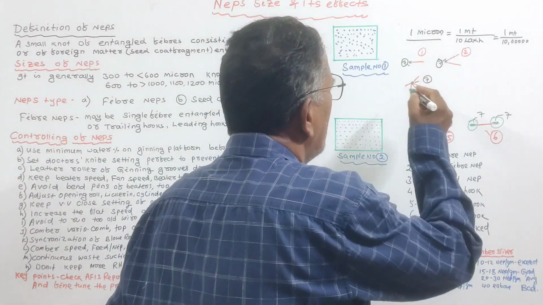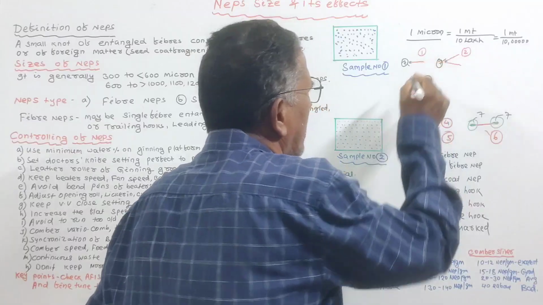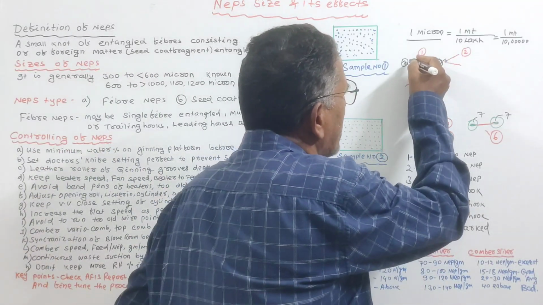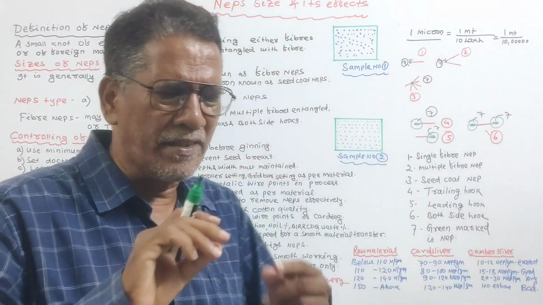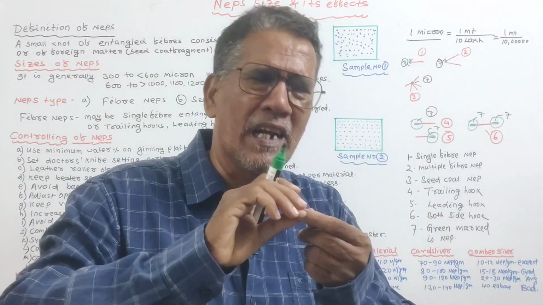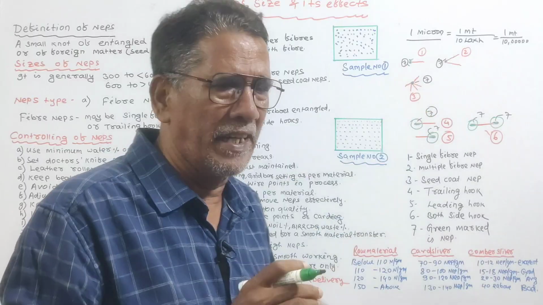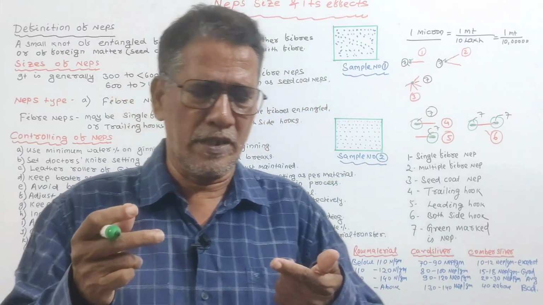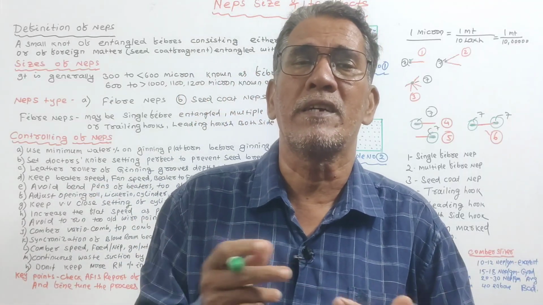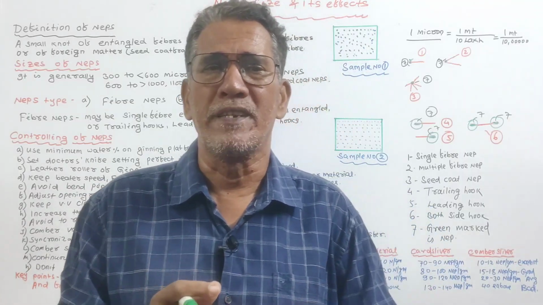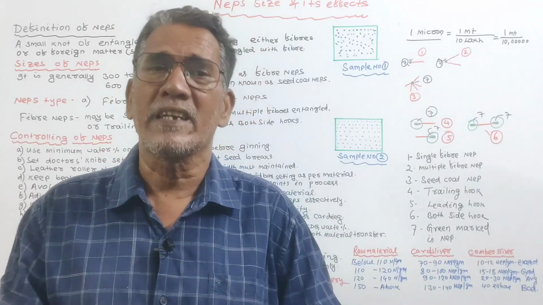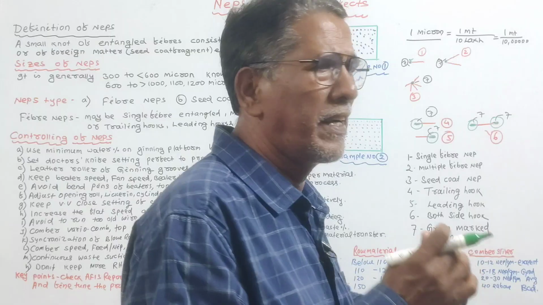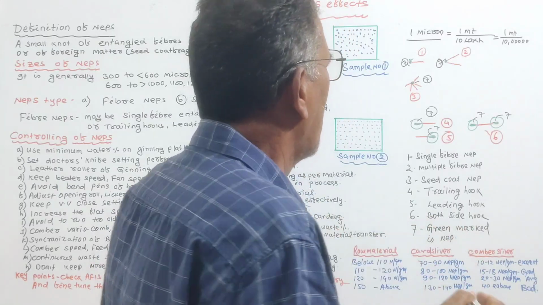First, see one fiber. The red color marked is fiber, and the green color mark is the entangled part. Entangled means the fiber is entangled on one side. It is like a touch pin, when we attach papers with a pin, folded on one side and open on the other side.